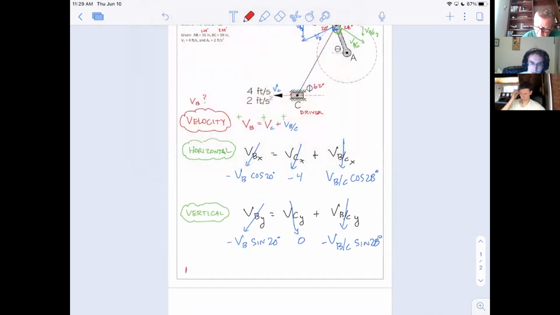So I'll stop there for a minute. If I stick those in the matrix, I get the velocity of B as 2.53. And the rotational velocity of BC is 1.84, as Neville just said.